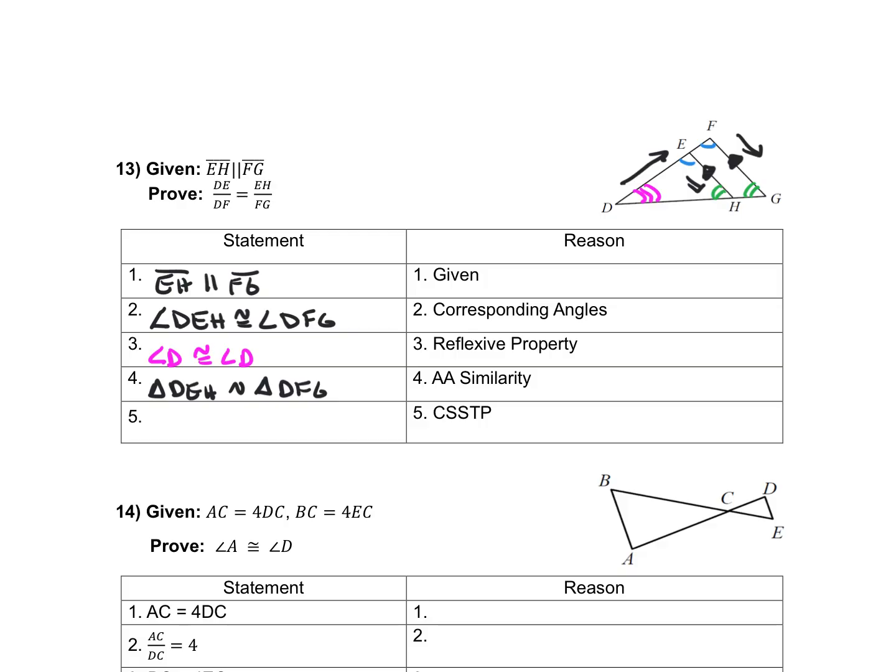And now because my triangles are similar, I can say any sides are proportional or any angles are congruent. So it wanted me to say that DE to DF is equal to EH to FG. And this means corresponding sides of similar triangles are proportional.